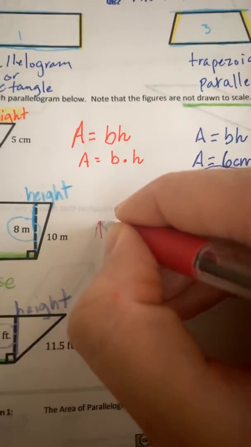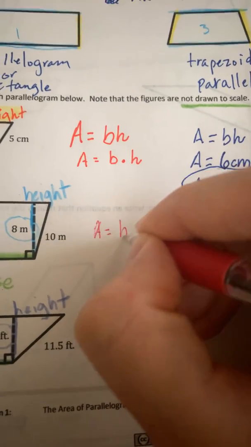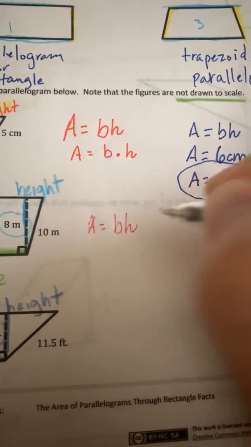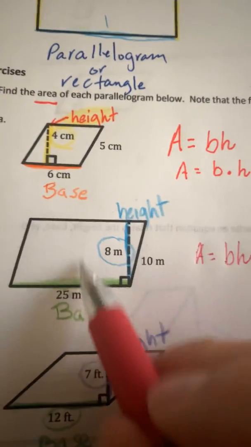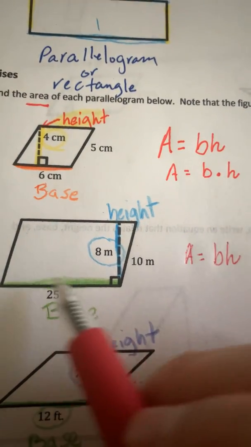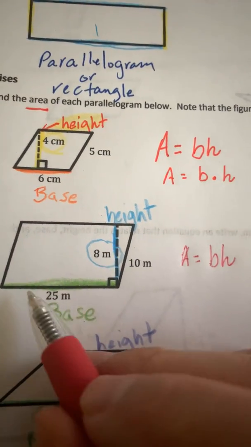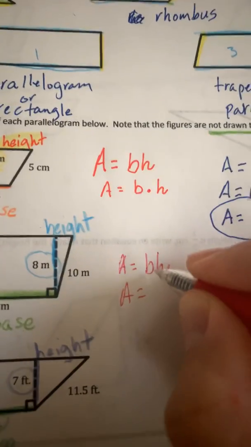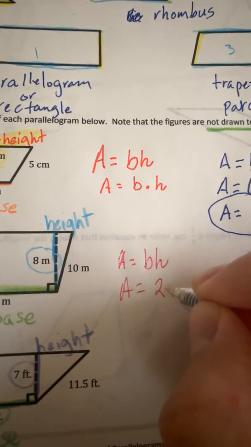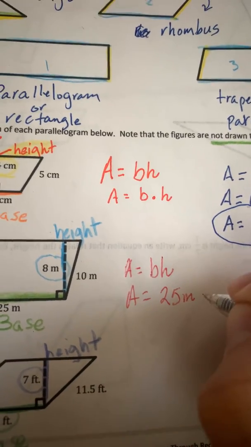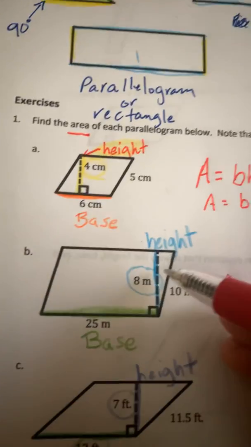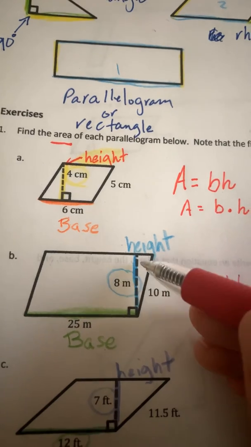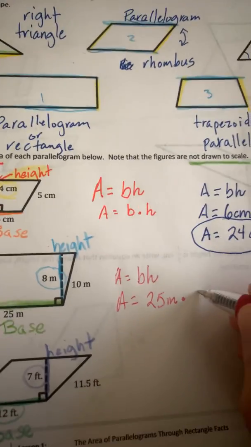Okay, using the same formula, A equals base times height. I think in here, I don't know what color this is. I think it's like a yellow-green. We've established that the yellow-green, the base is 25 meters. So I'm gonna replace the variable B with the number 25 meters. And I'm gonna multiply the height. And the height I think we did here in baby blue, we established that the height is 8 meters.